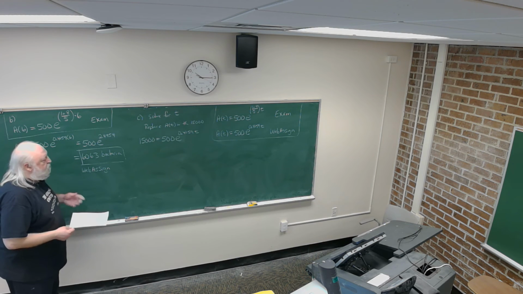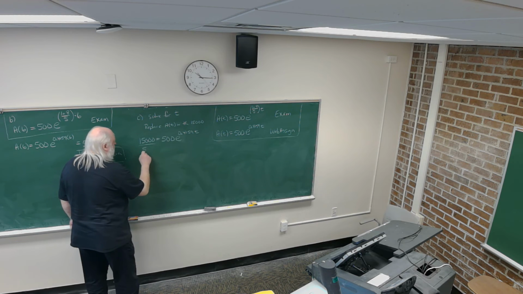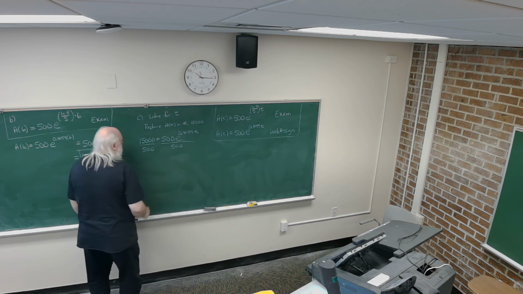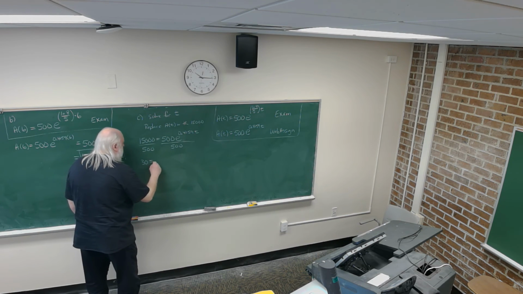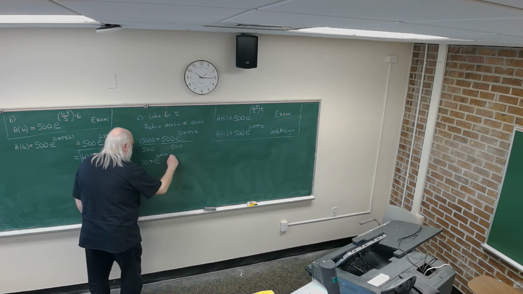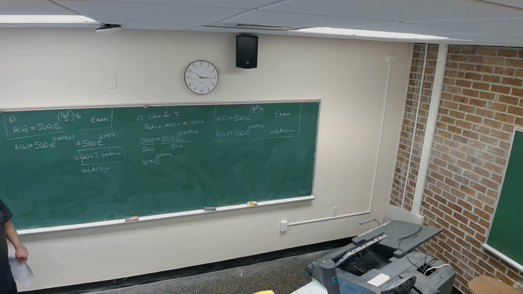And now you divide both sides by 500. And 15,000 divided by 500 is 30. And now T's in the exponent of the number E, right?